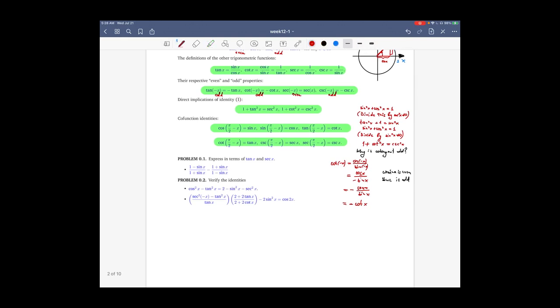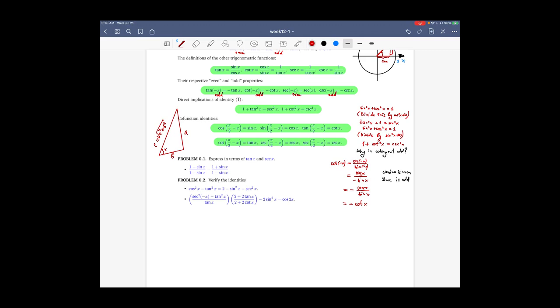If I draw a right angle triangle, and say this angle is x, the opposite leg is a, the adjacent leg is b, by the Pythagorean theorem, the hypotenuse c is simply root a squared plus b squared.